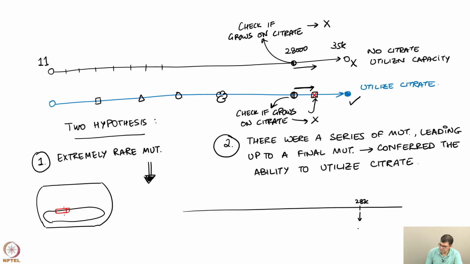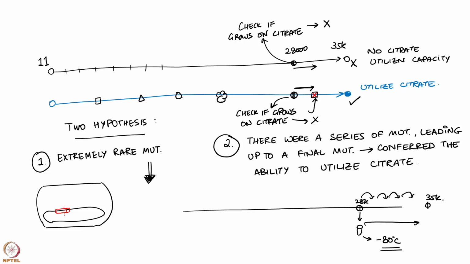At this point, I made a sample in a vial and I stored it in minus 80 degrees Celsius freezer. While the experiment continued via this transfer every day, and I am at 35,000 now. So, I have the culture that was growing on this day stored away in minus 80 degrees Celsius that I can go back to, revive, and then start a parallel evolution experiment again from this point only.